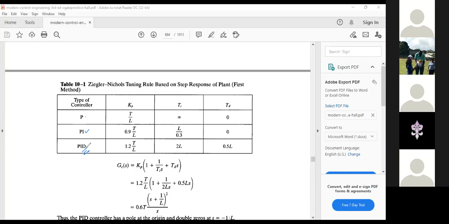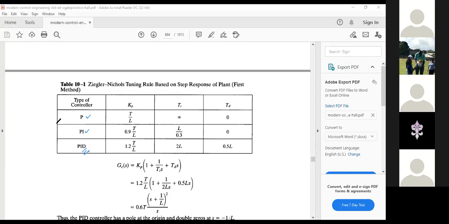It's your choice. It's not a matter that you must fill in the values. You just need proportional control, proportional integral control, or proportional integral and derivative control.